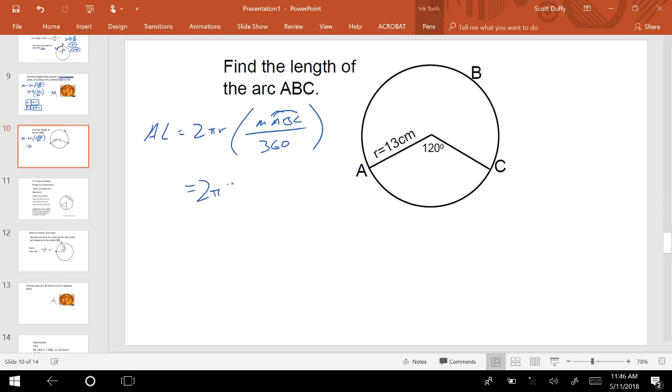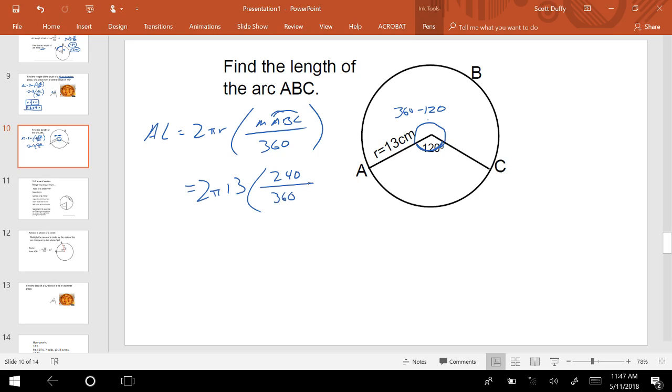Do we have a radius? Yeah, it's 13. Do we know the measure of arc ABC? No, we don't. We don't know this part of the circle, but we know that this part was 120. So we can figure this is 360 minus 120. So the measure of the arc would be 240.